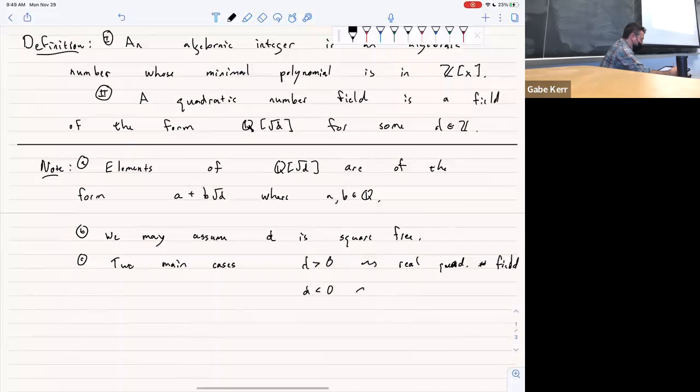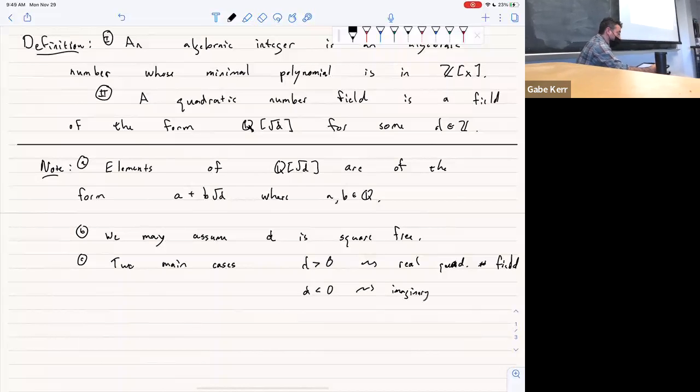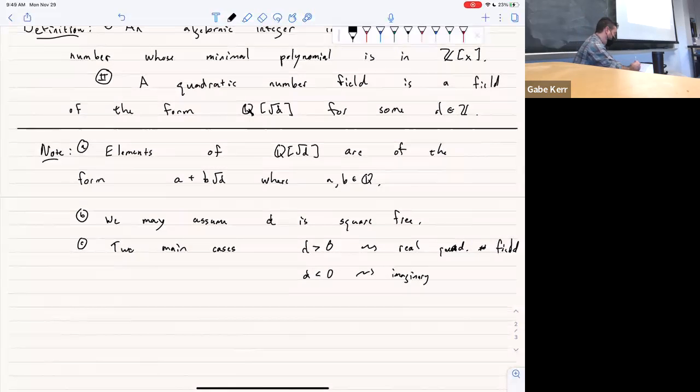Otherwise, we call it imaginary. So we're going to focus mostly on this case. It's sort of the easier case in a sense. But not really. We'll get to it.